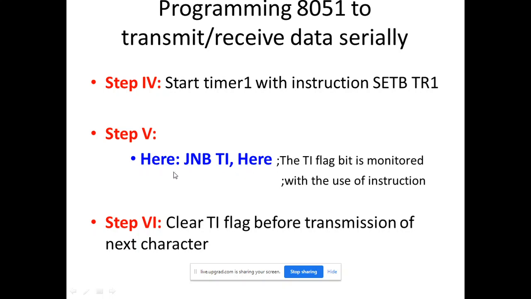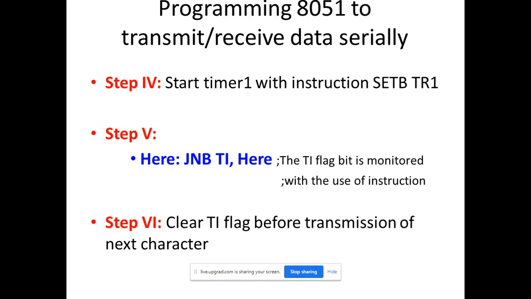That target is here, so it comes back here and checks TI again. It will continuously remain in this loop and keep checking TI as long as TI remains 0. When TI becomes 1, the JNB condition fails, and it will not jump to the same target. It goes to the next step, coming out of that loop and proceeding to the next action.